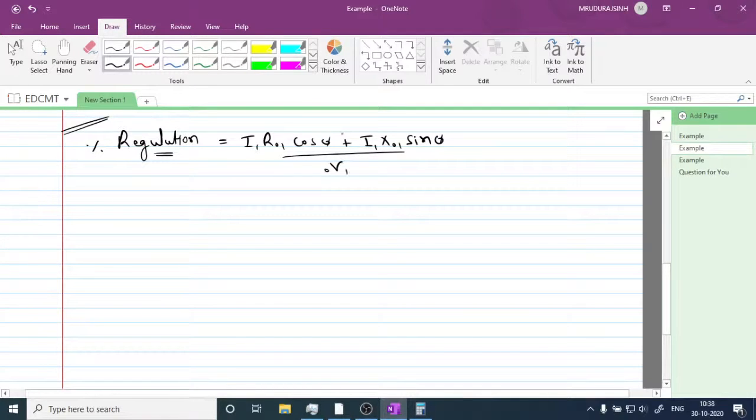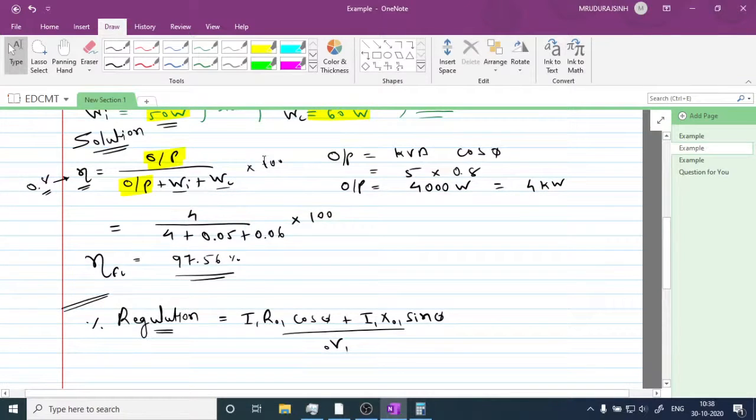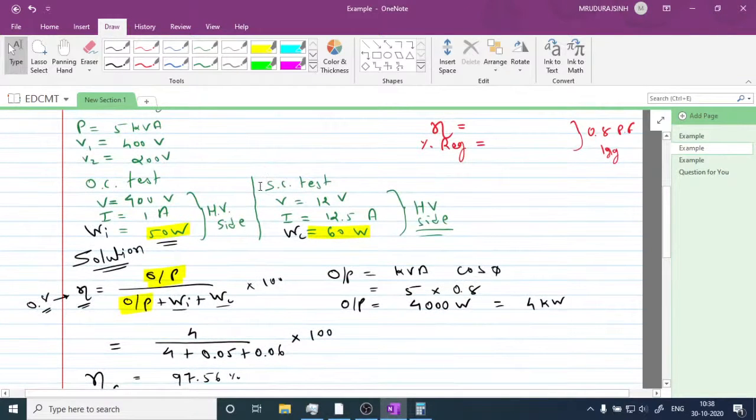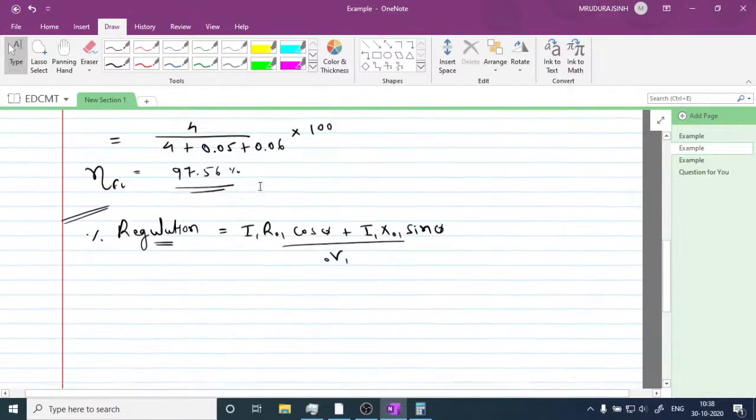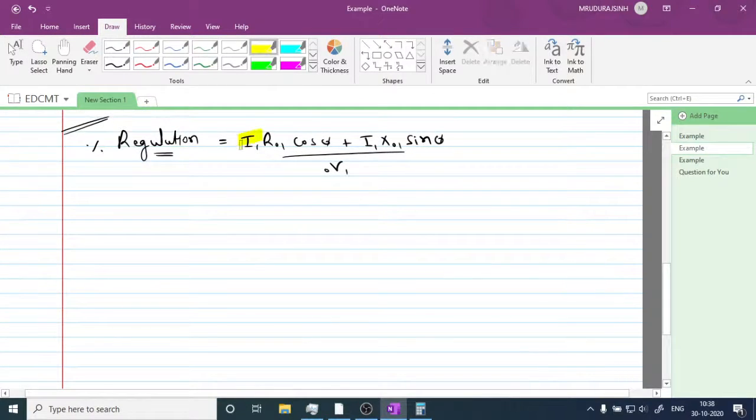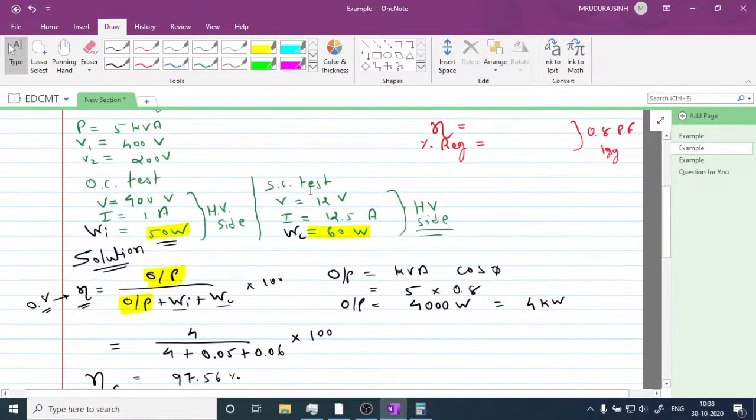That means our supply voltage or no load voltage. So now let's check what do we have and what do we need to calculate the percentage voltage regulation. The current is not given to us, right? So we need to calculate the I1 current, we need to calculate R01, X01, sin φ, because this data is not given to us, right?